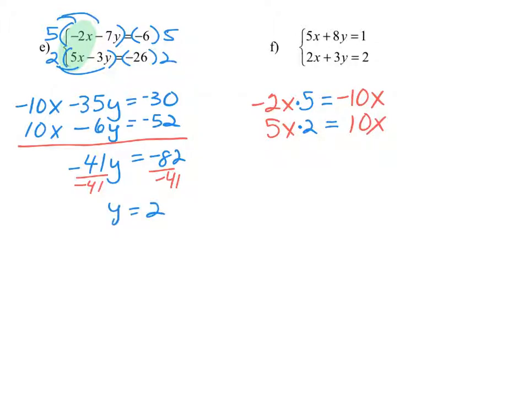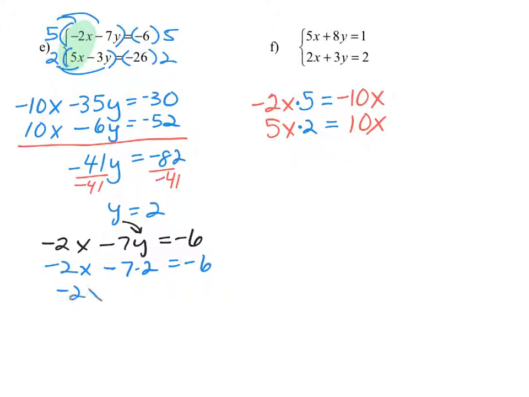We're going to plug that answer back into one of the original equations, and we'll start off with, say, the first original equation, negative 2x minus 7y is equal to negative 6. Make sure you plug it back into the original equation. And then we're going to plug in that y equals 2. So we get negative 2x minus 7 times 2 is equal to negative 6.